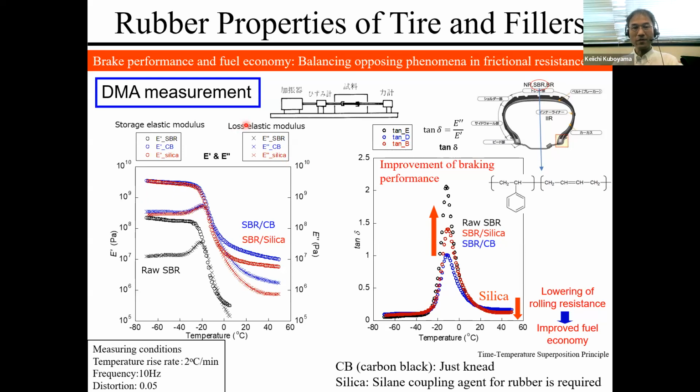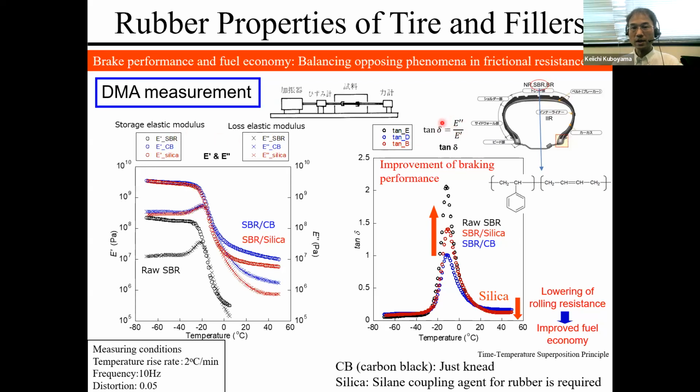But normally, when we think about the energy loss, the relationship between the storage elastic modulus and the loss elastic modulus is important. So we normally use the value of tan delta. Tan delta means E double prime over E prime, the ratio of the loss modulus and storage modulus.